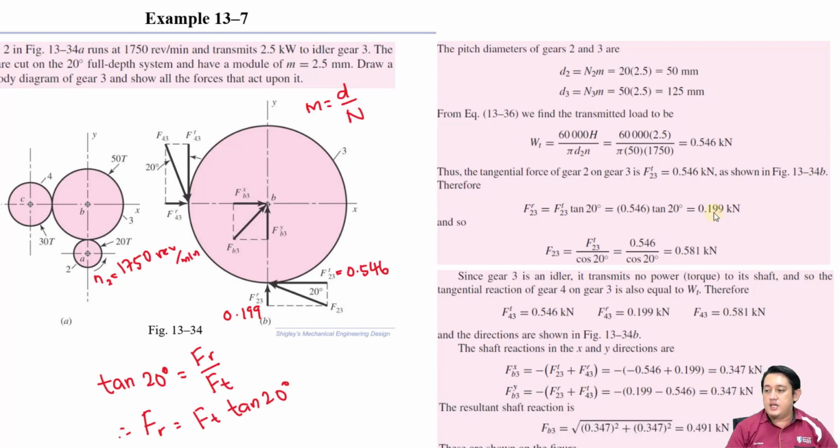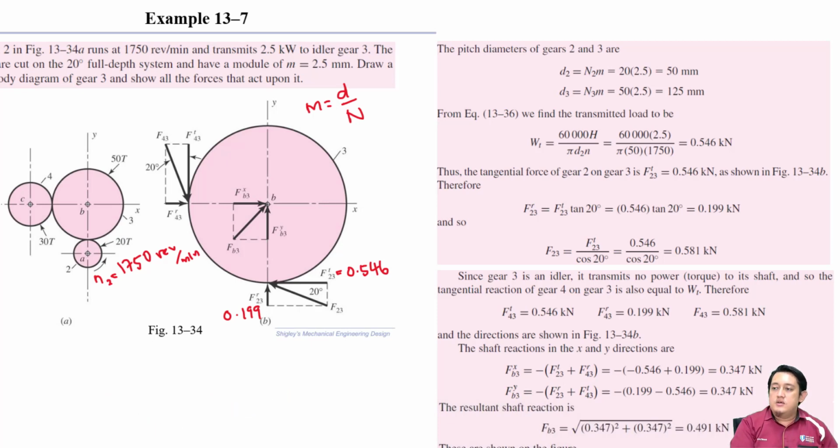So how do we calculate F23? Because we have the angle 20, and we have the values of FR and FT, we can use cosine. Actually you can use either cosine or sine, either one is okay. Let's erase the tangent first.